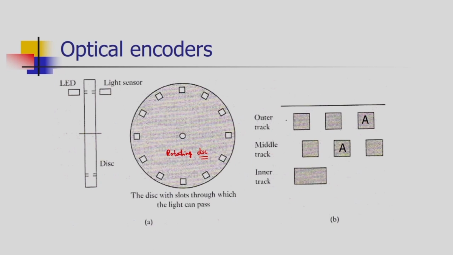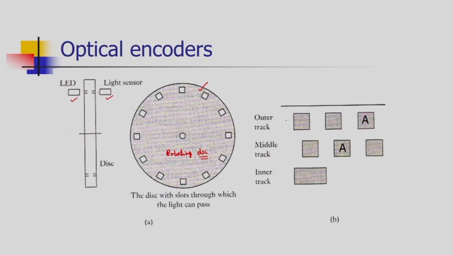The disc has perforated holes along its circumference. Here you can see a track, and this track has a number of square holes which are perforated. Optical encoders have an arrangement of an LED light source and a light receiver.